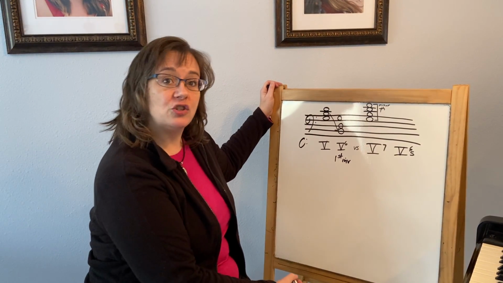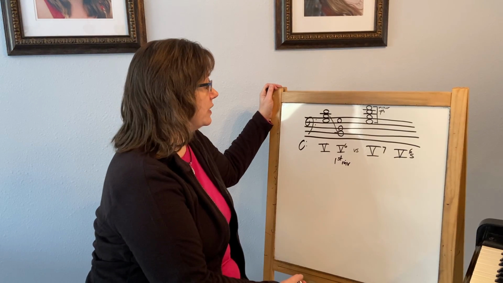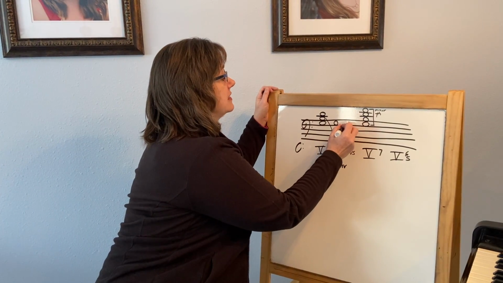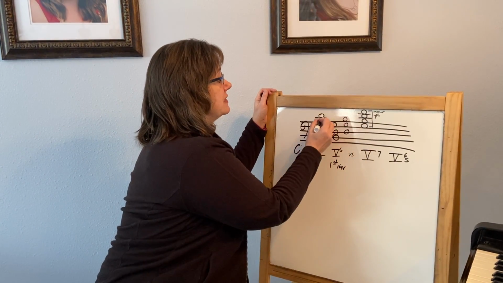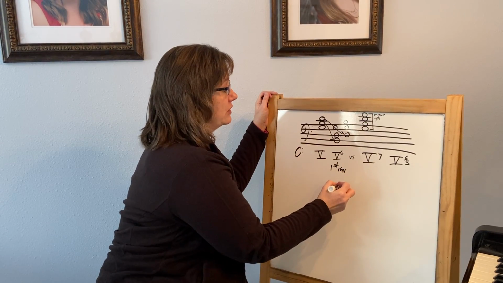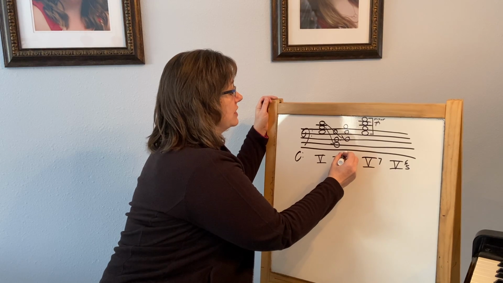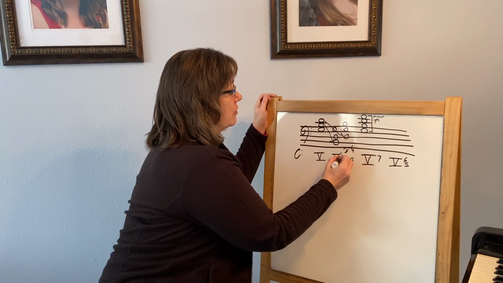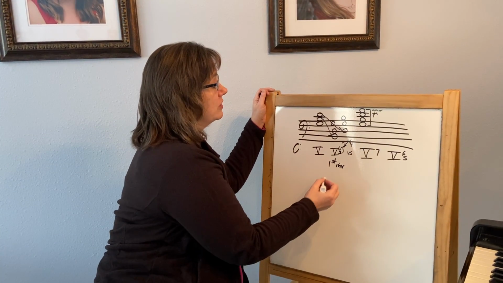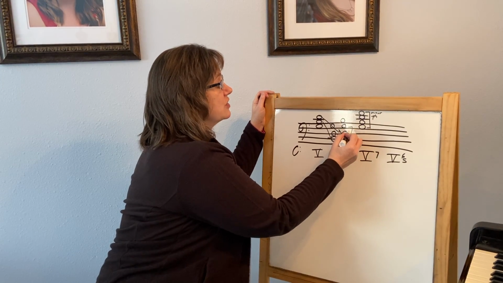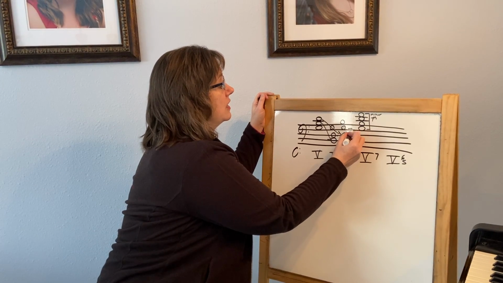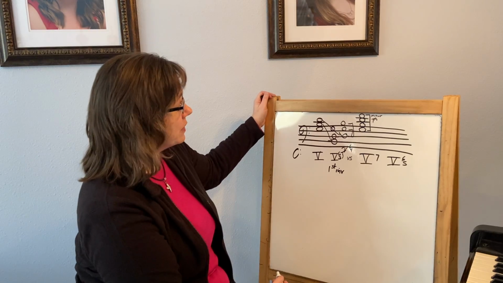We talked about inversions on that video last week. Remember that we also could find this in a second inversion, which means that the fifth is the lowest sounding note. And then instead of a 6-3, it would be notated as a 5-6-4. Remember, these Arabic numerals are coming from telling you the distance from the lowest sounding note to the middle, the lowest sounding note to the top.